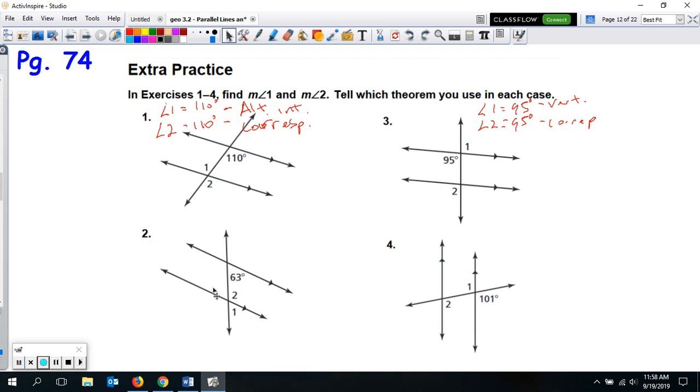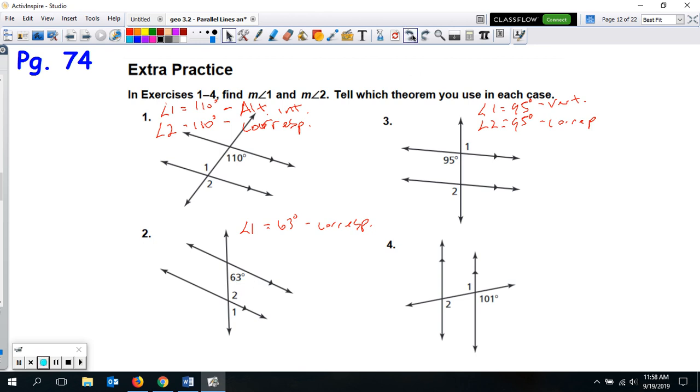So now coming back to 2, we said this was corresponding on this one. So it's 63 degrees because corresponding positions are always congruent. And then number 2, does that have a relationship with 63 degrees? It does. It's the consecutive interior angles. So those are supplementary. So how do we figure that out? 2 is not 63 degrees. 2 would be supplementary to 63 degrees.